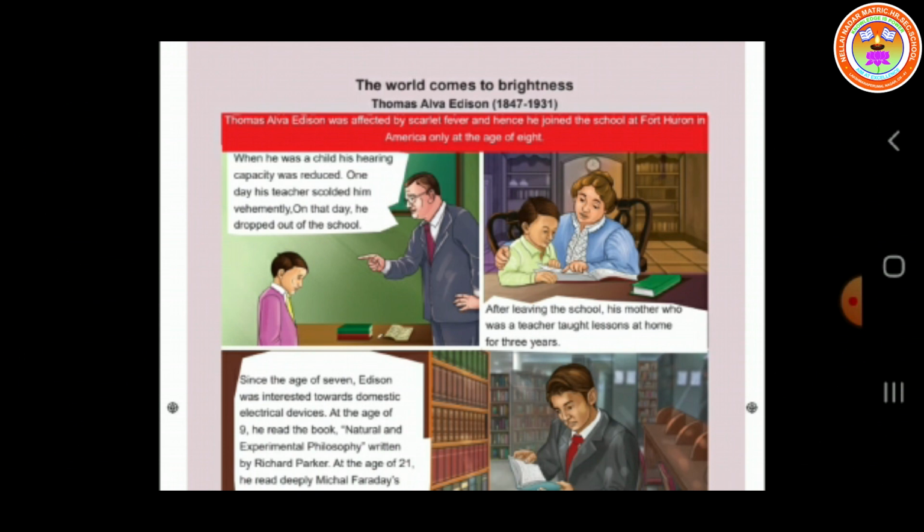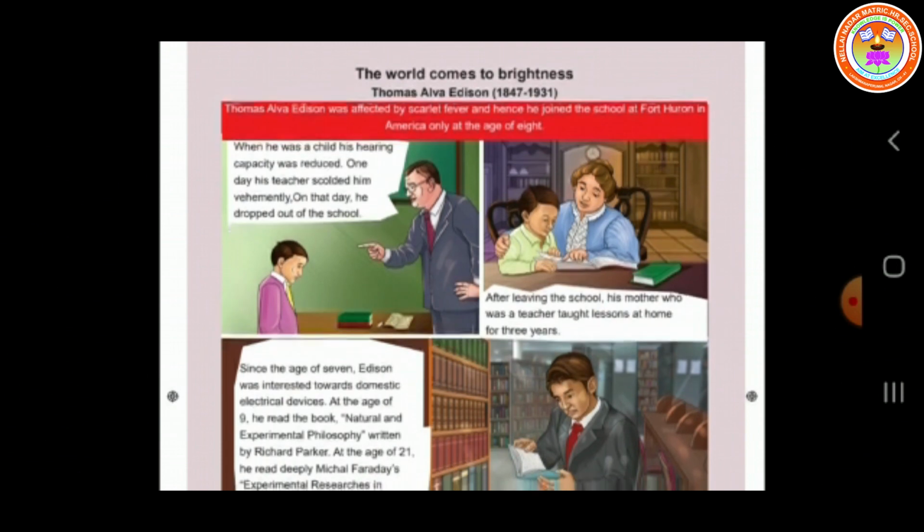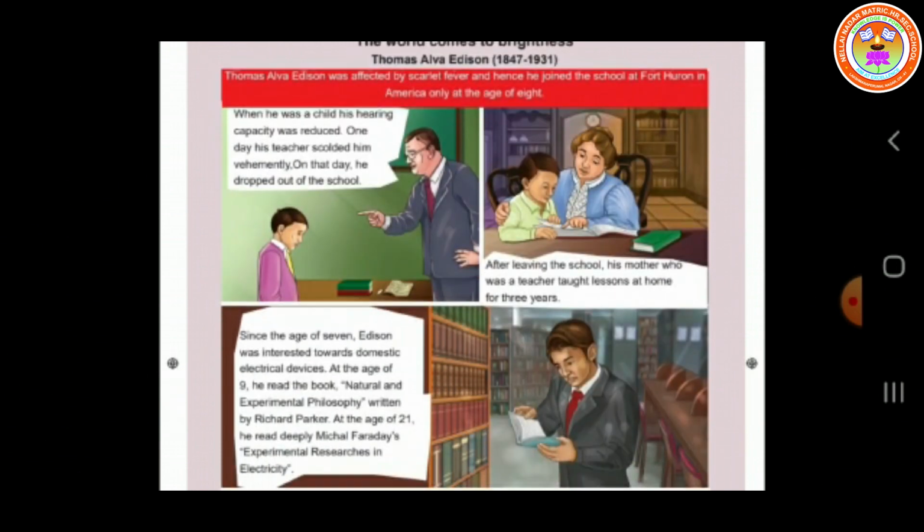Since the age of 7, Edison was interested in domestic electrical devices. At the age of 9, he read the book Natural and Experimental Philosophy, written by Richard Parker. At the age of 21, he read deeply Michael Faraday's Experimental Researches in Electricity.